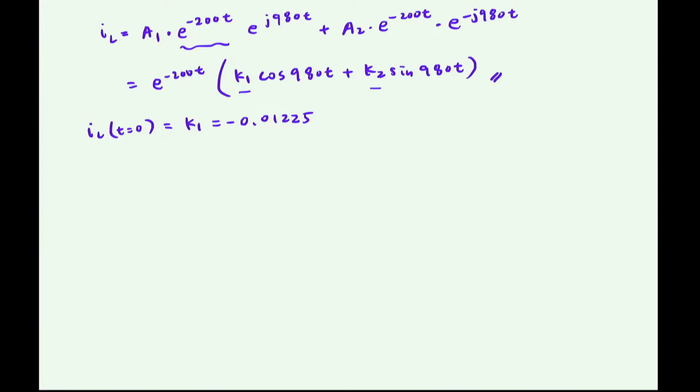Okay, so IL when t equal to 0 is equal to K1, which is minus 12.25 milliamp. So we know that K1 equal to this value. And then from the second initial condition, we know that V is equal to L di dt.